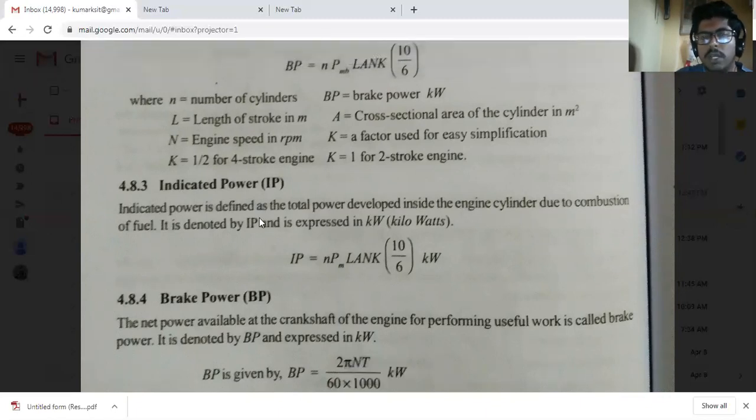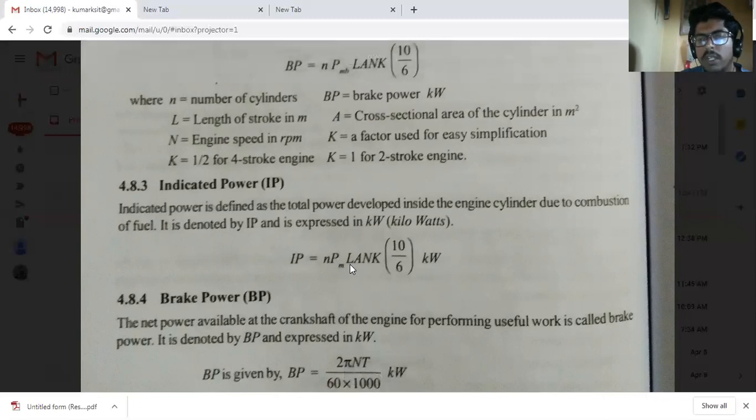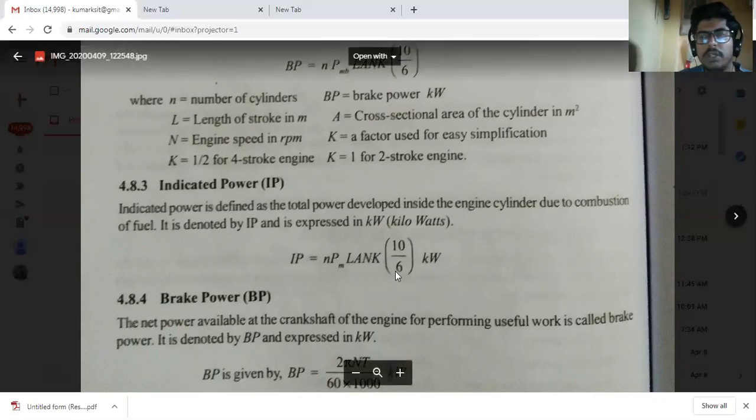It is denoted by IP and expressed in kilowatt. The mathematical expression is IP = n × PM × L × A × N × K × 10^-6 kilowatt, where n is the number of cylinders, PM is the mean effective pressure, L is the stroke length, A is the area of the cylinder, N is the speed of the shaft, and K is the engine constant.